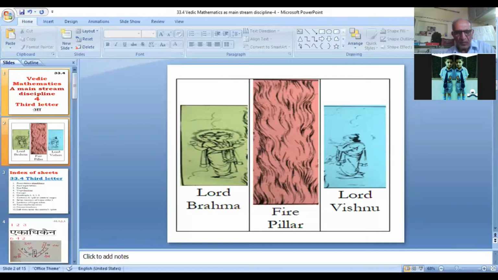Therefore, while we have to be parallel with the organization of the Ganita Sutras, we have to be parallel to the organization of the Trimurti domain.